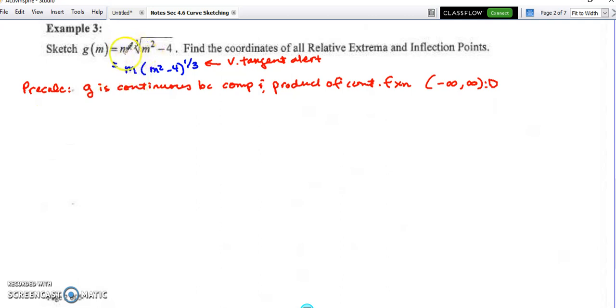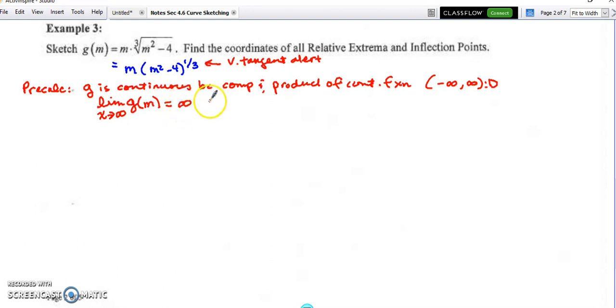Now, in terms of your end behavior, taking a look at this, you've got the product of m and m to the 2/3 here, which is kind of the dominating term. So that would be m to the 5/3, which is all odd, which is probably going to be the limit, if I had to guess, as m goes to infinity of g of m, based on the dominating term, that on the right side is going to go to infinity.